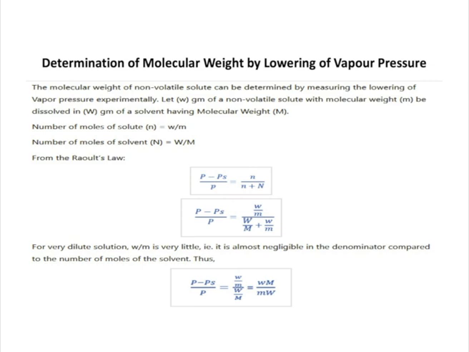The number of moles of any component is denoted by weight divided by its molecular weight. We have to apply that for the solute as well as the solvent. For the solute it is small w by small m, divided by, for the solvent, capital W by capital M plus small w by small m, which is the overall number of moles of the solution.